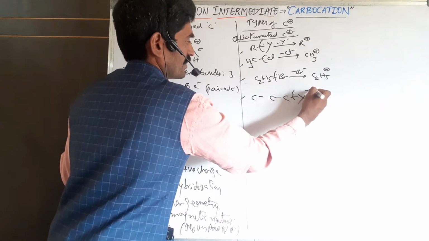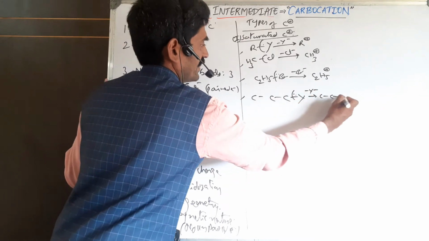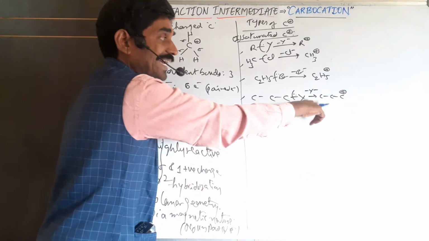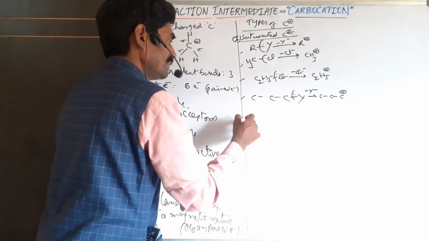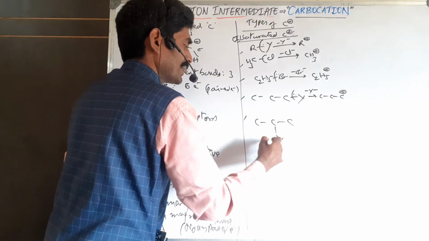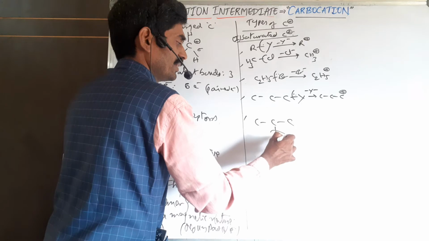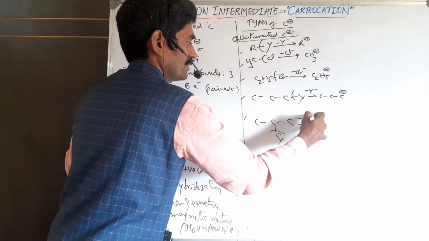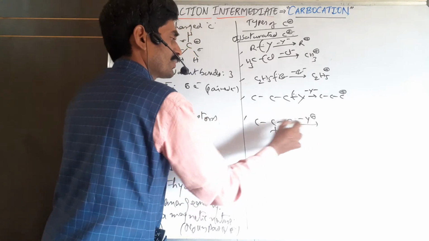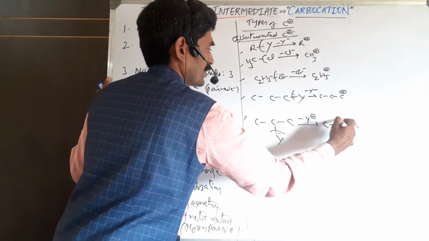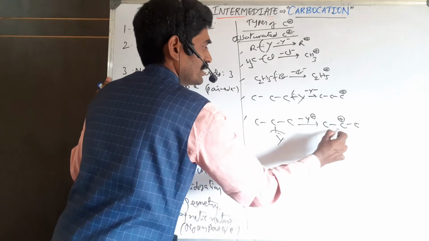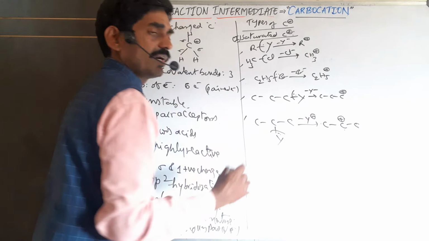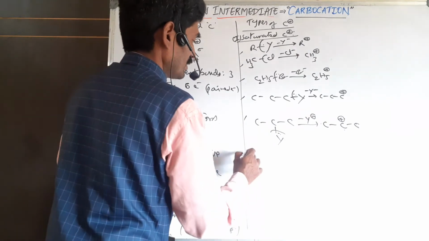It is linear, so it is the n-propyl carbocation. If Y is bonded to the middle carbon and leaves as Y minus, taking 2 electrons, then the middle carbon gets the positive charge. The group with CH3 taken twice is called the isopropyl group, so it is the isopropyl carbocation.